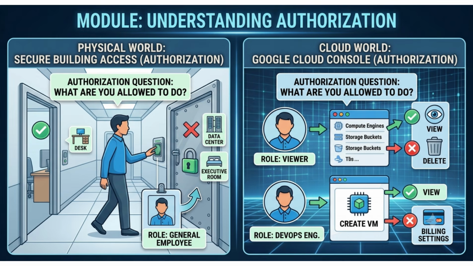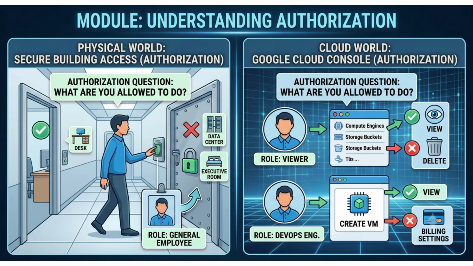Understanding authorization. After identity verification comes another important step, authorization. Authorization answers the question, what are you allowed to do? Imagine an employee enters an office building. Even though they successfully entered the building, they may not have access to executive meeting rooms, finance systems, data centers.